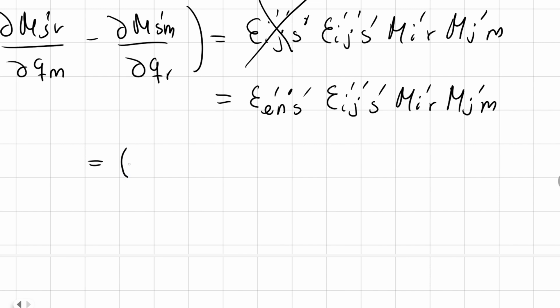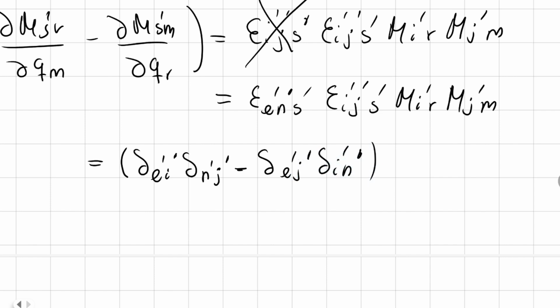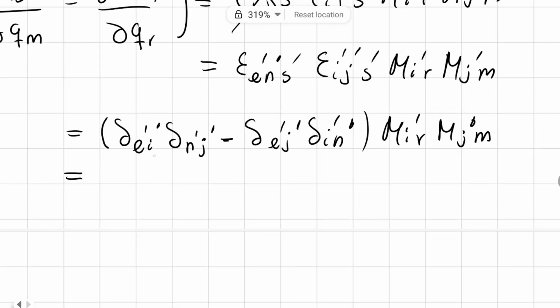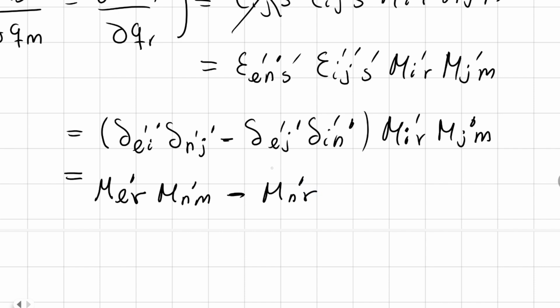So we are going to get that this is equal to the Kronecker delta L I, the Kronecker delta N J, minus the Kronecker delta L J, Kronecker delta I N, like this, M I R M J M. Okay, if we work with this, this Kronecker delta will make this I to be transformed to an L. So we get M L prime R, and this will make this J to be switched for an N. So we get M N prime M, and then minus here, this I is going to switch this I for an N. So we get M N prime R, and then this Kronecker delta is going to switch this J for an L, is M L prime M, like this.